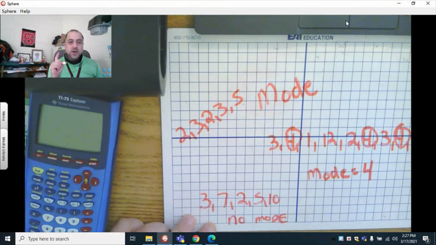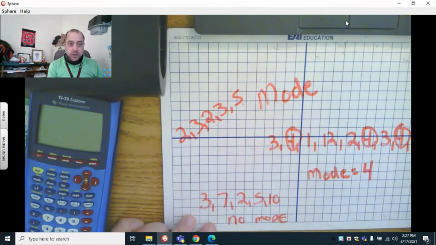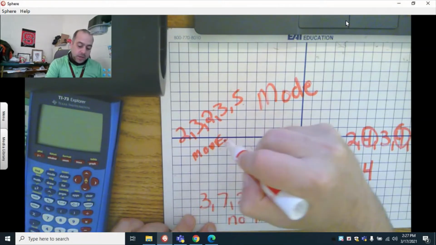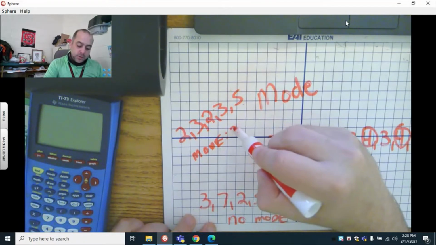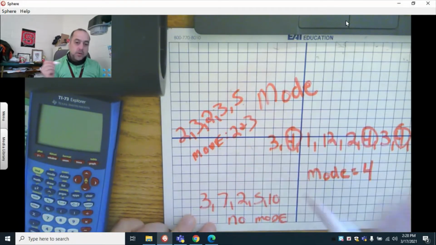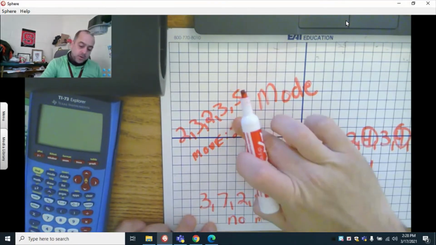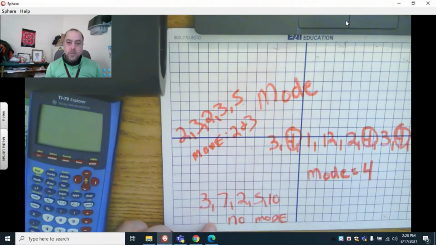In this case, 2 shows up twice and 3 shows up twice. So the mode would be 2 and 3. Okay? That's mode. Cool.